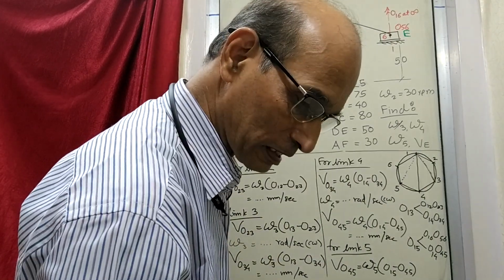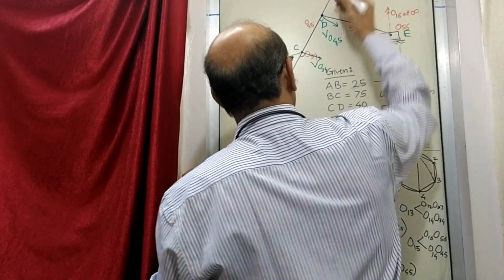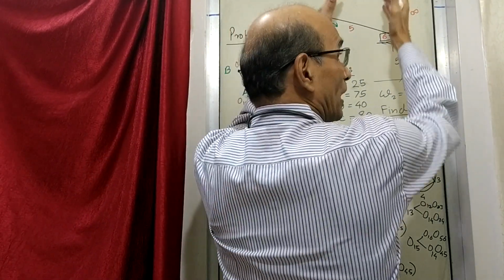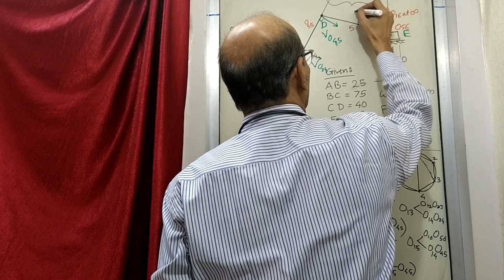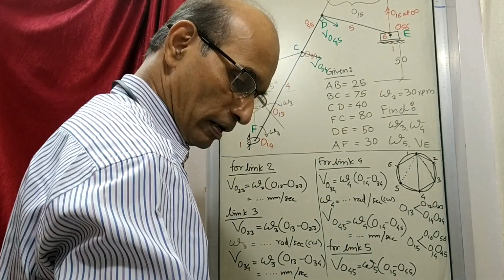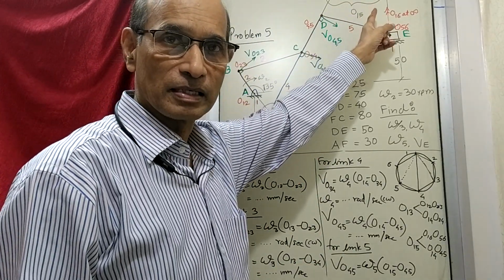So now let's draw these lines. One line is going like this. So in this way it is going. The other line is going like this. So these two lines, wherever they meet, are going to give us O15. Right now it is not possible to draw full lines and get the intersection.